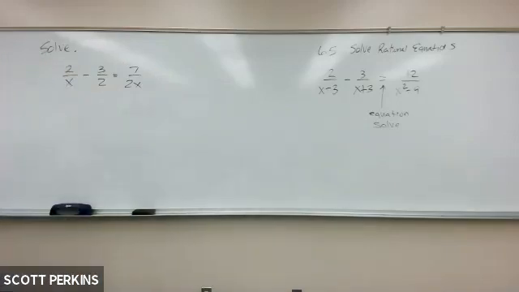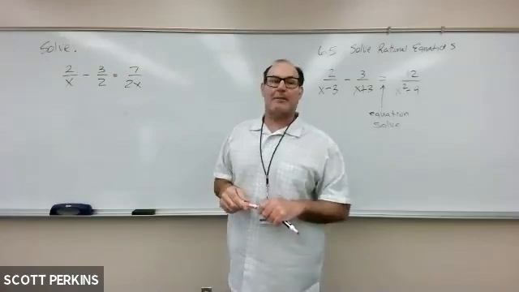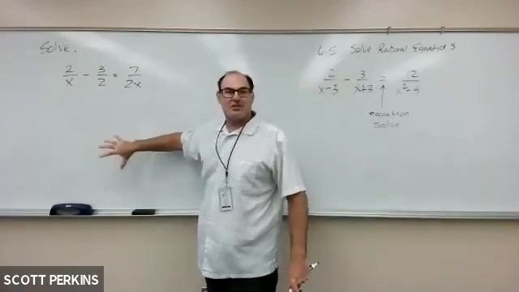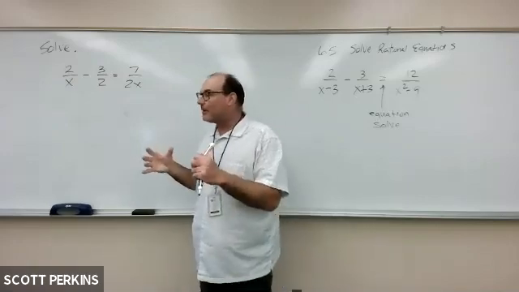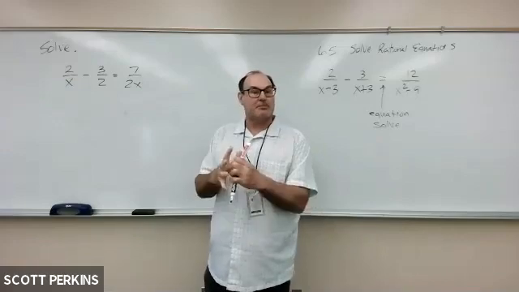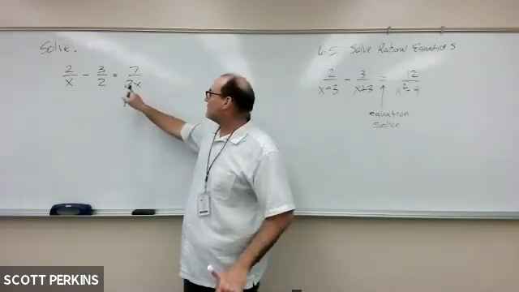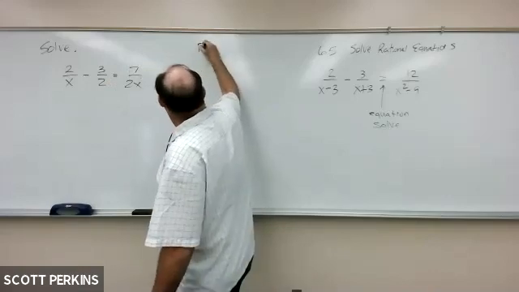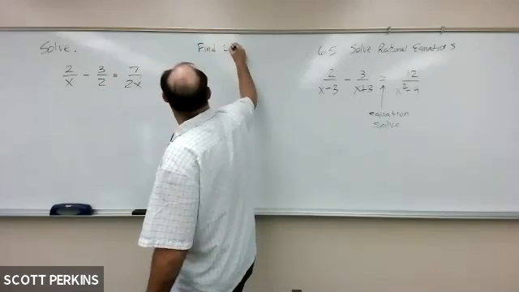So what we're going to do is, again, we're going to find the common denominator, but we're going to do something different. With the expression that I just erased, we took the common denominator and we made that the new denominator to my fractions, so I could smush them together. But now, since I have this equal sign, that changes everything. What we're going to do is we're going to find the least common denominator.